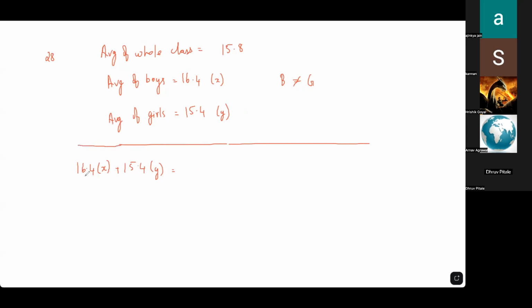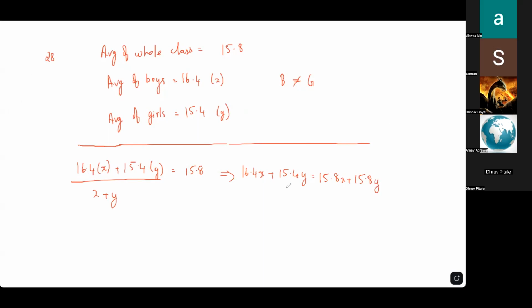It should be upon x plus y, correct? Is equal to 15.8. So from here we'll get 16.4x plus 15.4y is equal to 15.8x plus 15.8y. Understood?